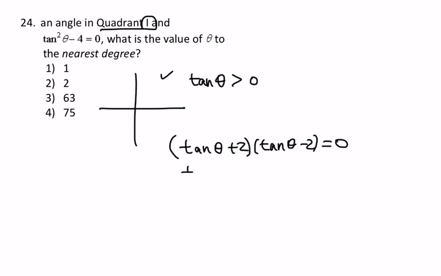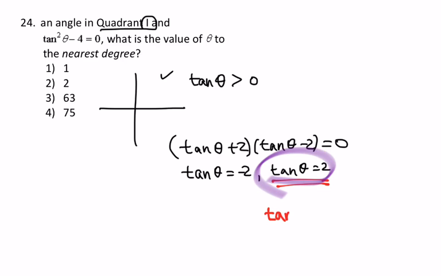Then here we get tangent theta must be equal to negative 2 or positive 2. Now, since it is in the first quadrant, tangent theta has to be greater than 0, so we will be using this one. Arctangent of 2 is about 63 degrees. So that's why our answer is choice 3.